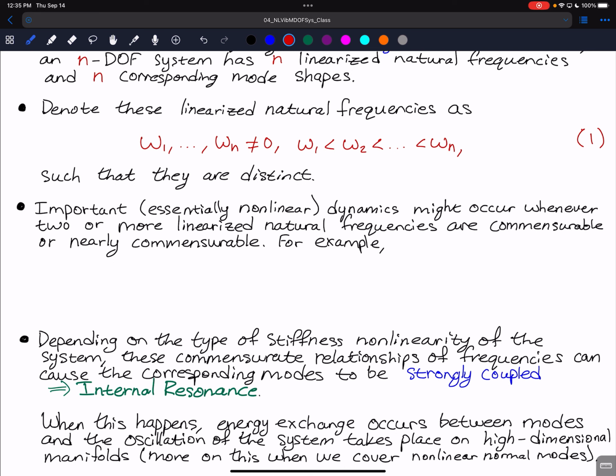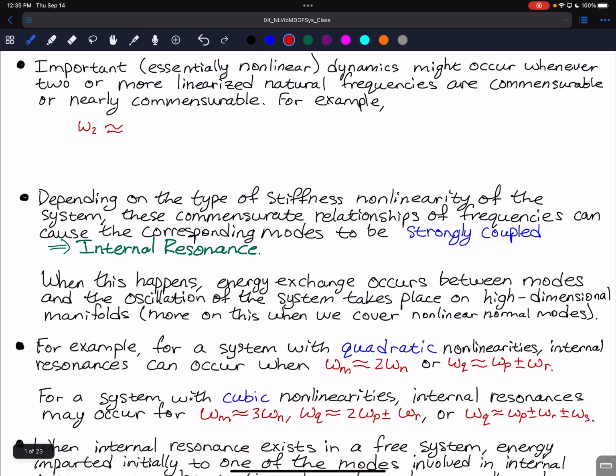By that we mean things like omega 2 is approximately equal to 2 omega 1, or omega 2 is approximately equal to 3 times omega 1, or you can have combination resonances where, for example, omega 3 is approximately equal to omega 2 plus or minus omega 1, or omega 3 is approximately equal to 2 omega 2 plus or minus omega 1.